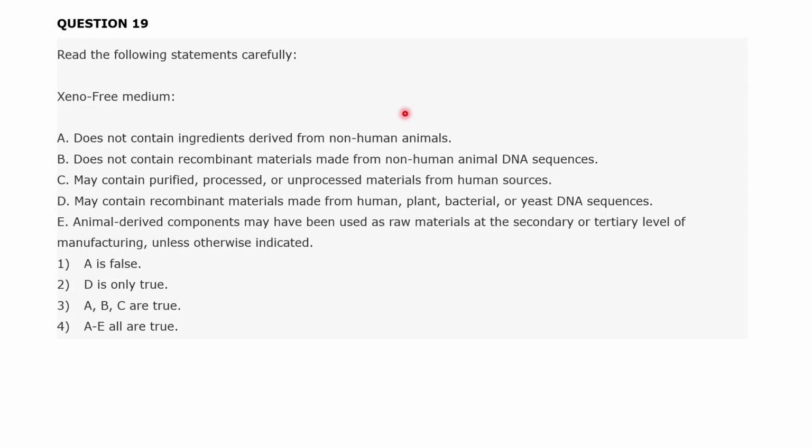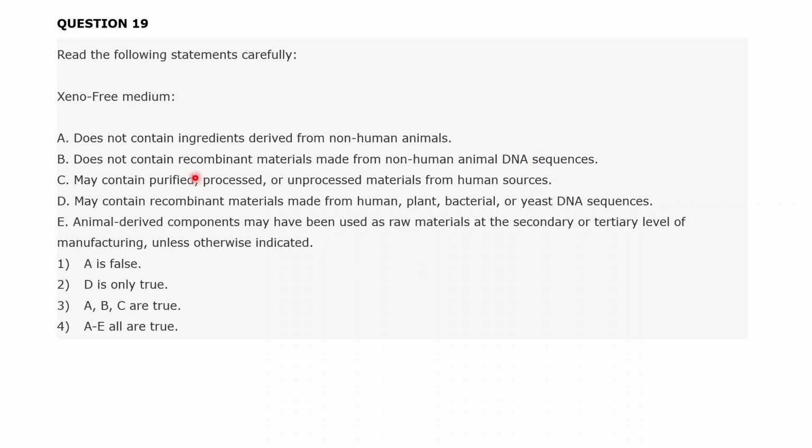That's the definition of xeno-free media. Second option, does not contain recombinant materials made from non-human DNA sources. That's also true, because even though it is not similar to animal-free media, in the case of xeno-free media you cannot use any recombinant material obtained from non-human animal DNA sequences, and it may contain purified, processed or unprocessed material from human sources.